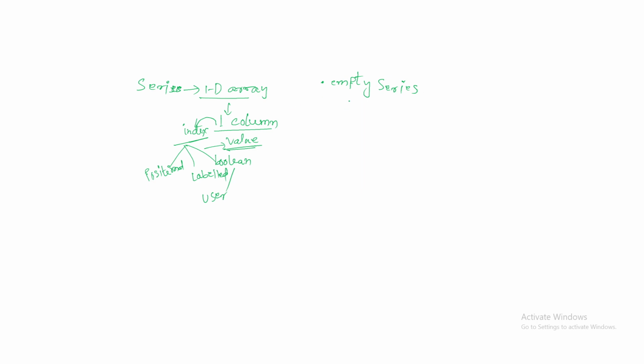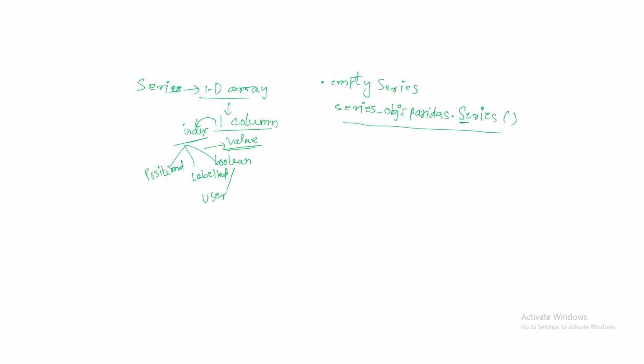Series object equal to pandas dot Series, where S is capital, then parentheses. So we can create it like this. Even if you want to check whether your series is empty or not, we write it like this.